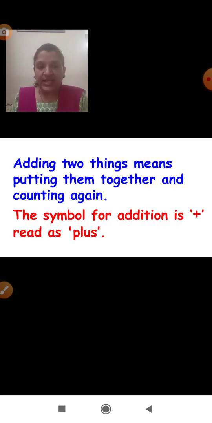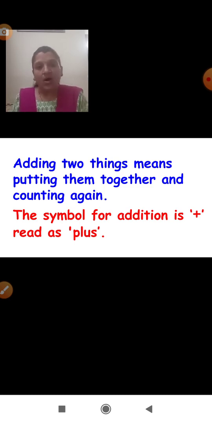What is addition? Adding two things means putting them together and counting them again. If we have things in two different groups, we will put them together and count them.